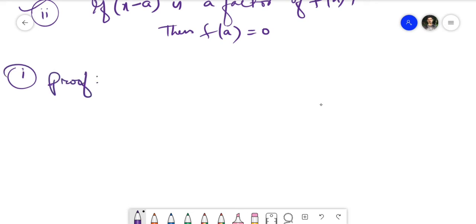Number 1, given f of a is equal to 0. This was given.